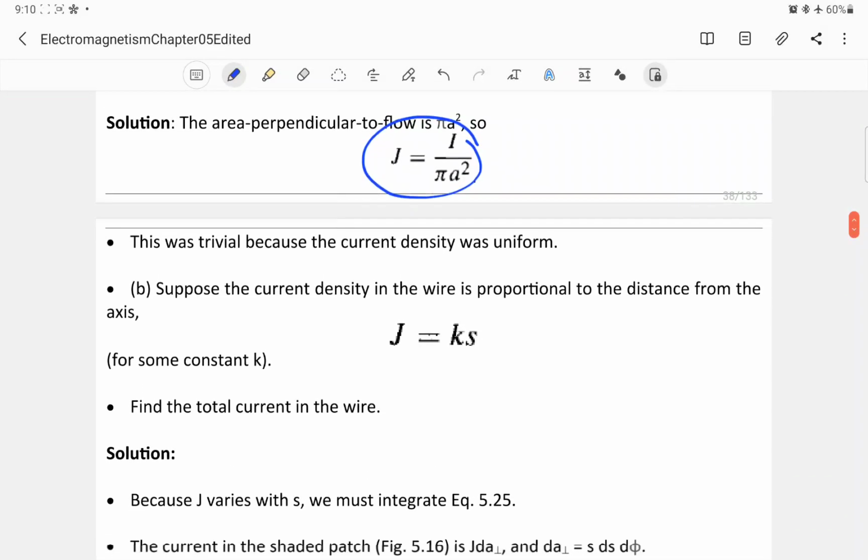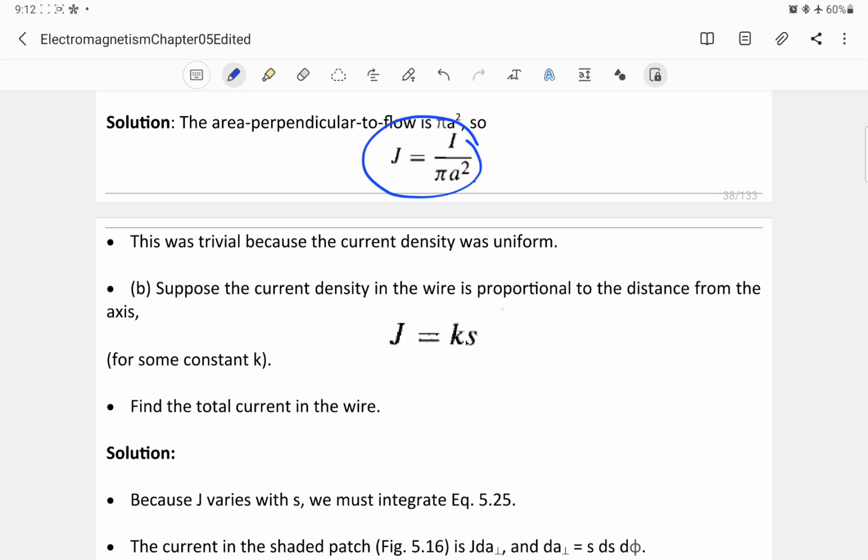Now suppose the current density J in the wire is proportional to the distance s from the axis. This means that as you go away from the axis, if k is a positive constant, it would increase.